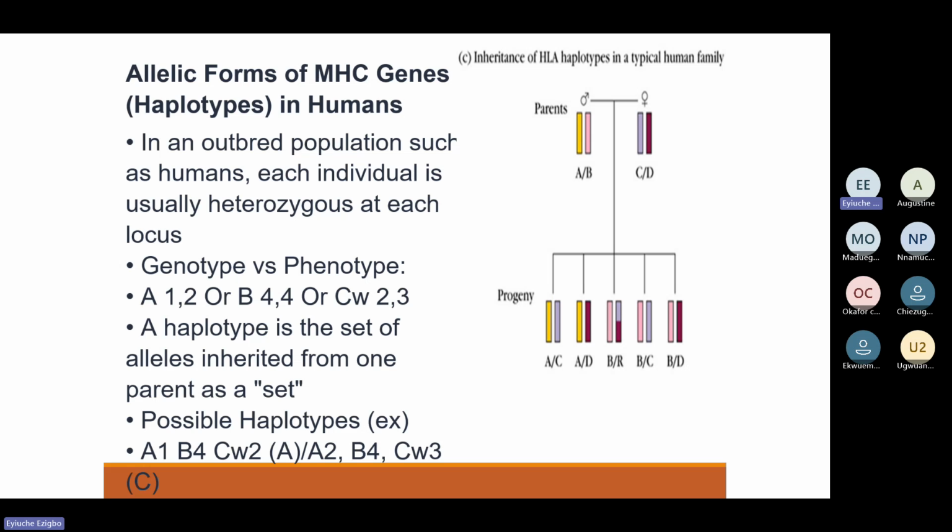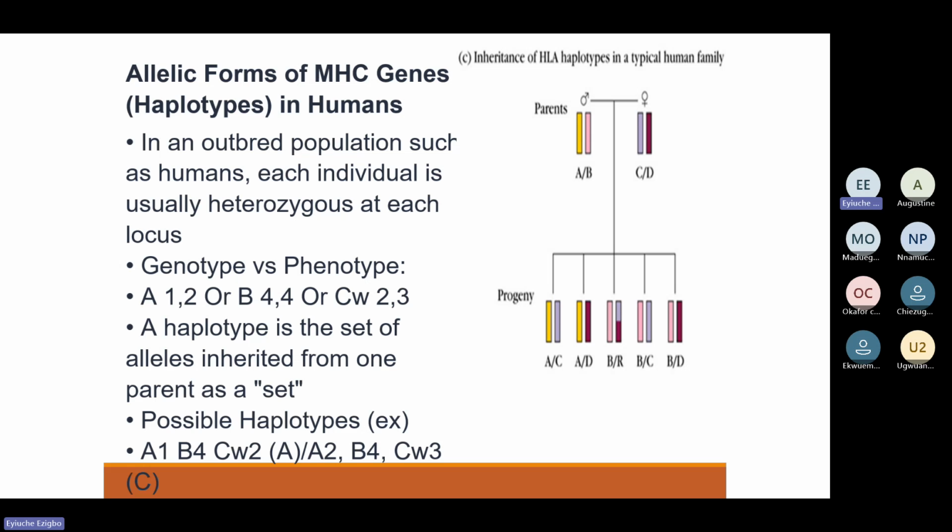So the allelic forms of MHC genes, the haplotypes in humans. In an outbred population such as humans, each individual is usually heterozygous at each locus. And we have different types of genotype and phenotype. A haplotype is the set of alleles inherited from one parent as a set. Possible haplotypes, we have some examples here.